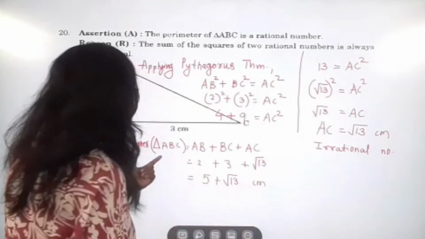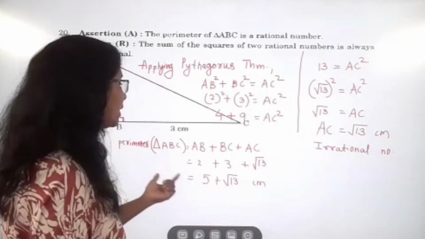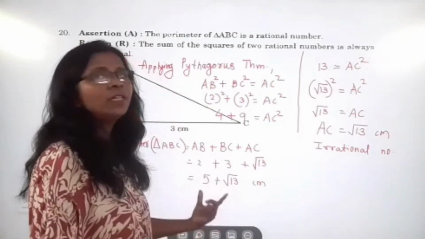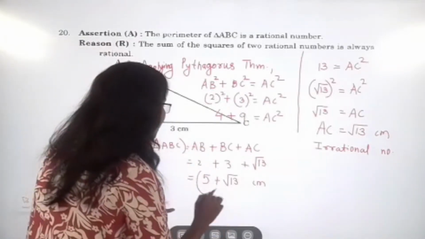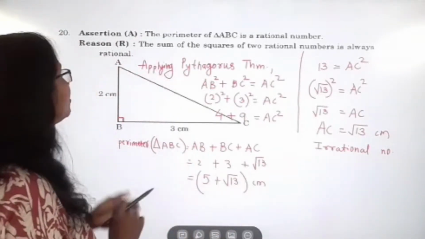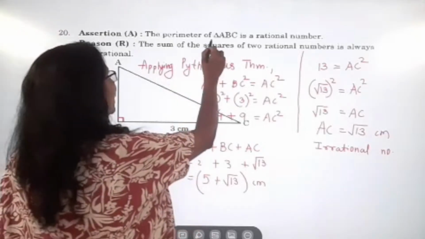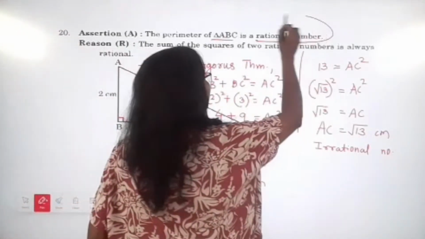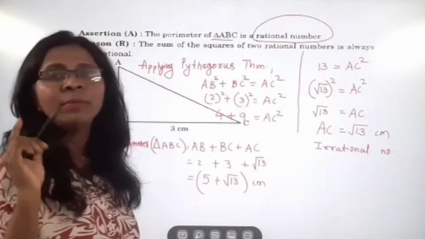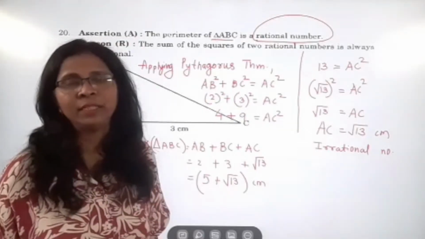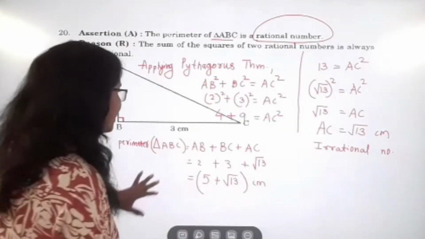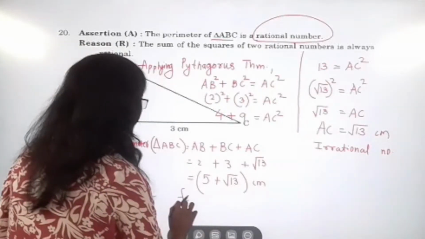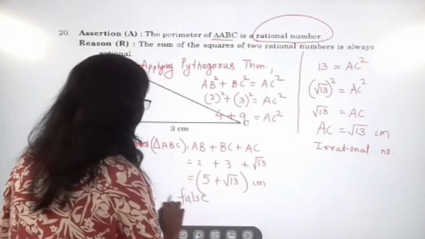So now students, the perimeter of triangle ABC is also an irrational number. And that means the statement that the perimeter of triangle ABC is a rational number is a false statement. So our assertion is false.